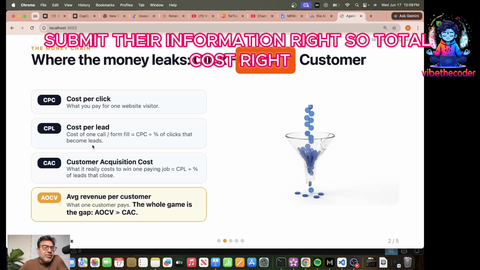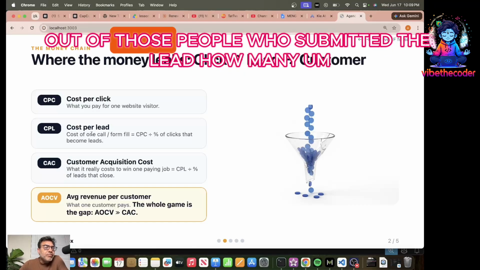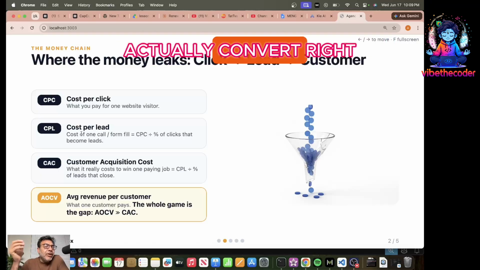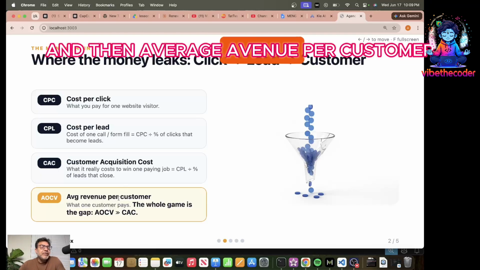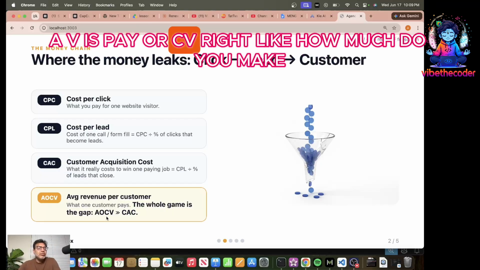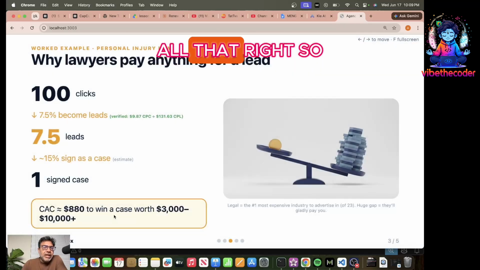Then customer acquisition cost is, out of those people who submitted the lead, how many actually convert. And then average revenue per customer, the average order value: how much you make on average per customer. We'll look into all that.